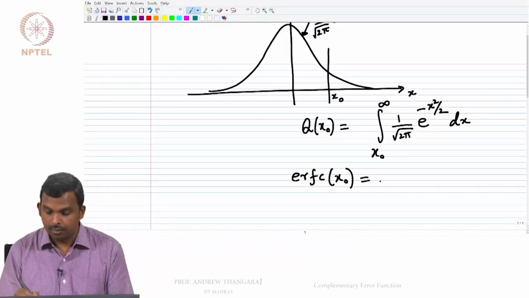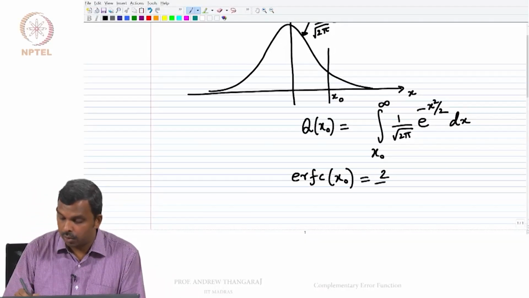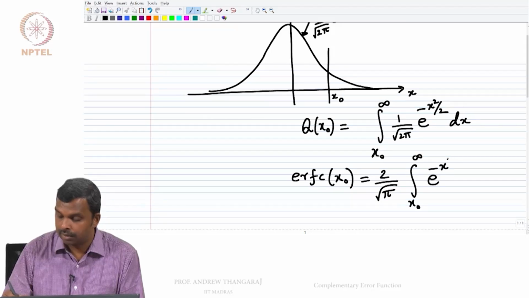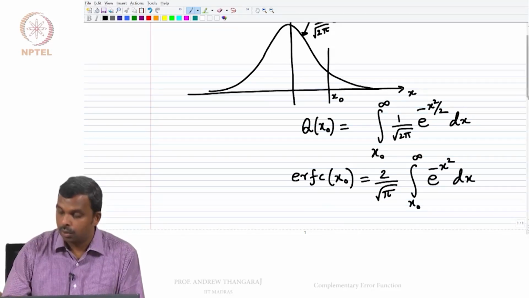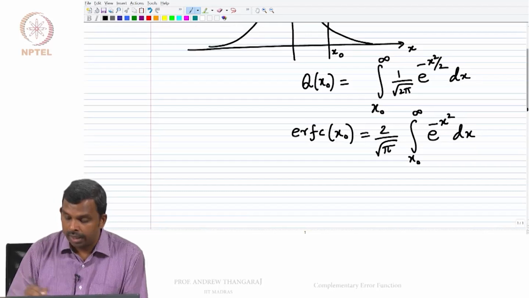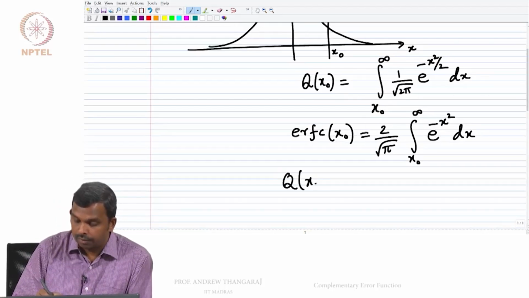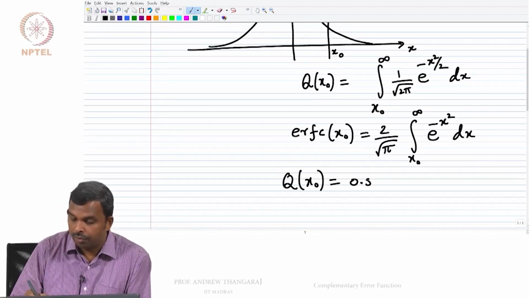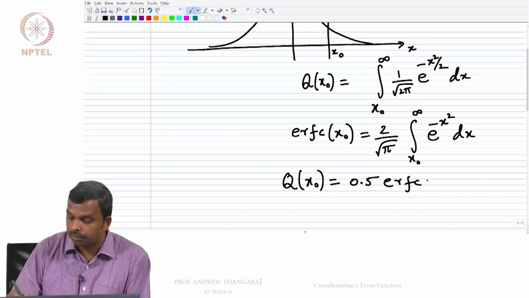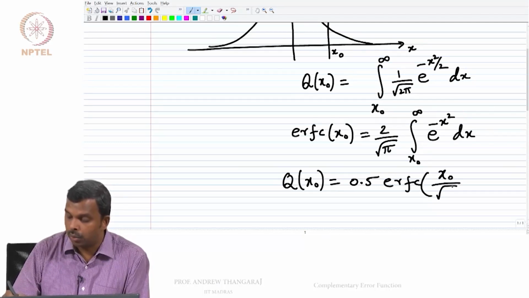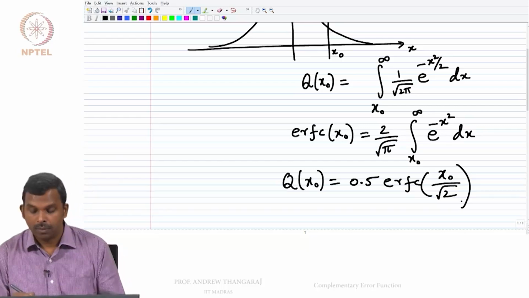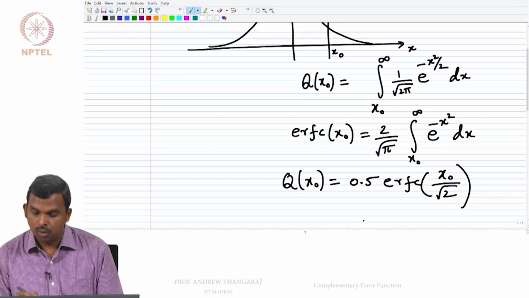So, this function is 2 by square root of pi integral x naught to infinity e power minus x squared dx. If you stare at these two very closely, it turns out Q of x naught is 0.5 times ERFC of x naught by square root of 2. Okay. So, you can check that. How to prove this?